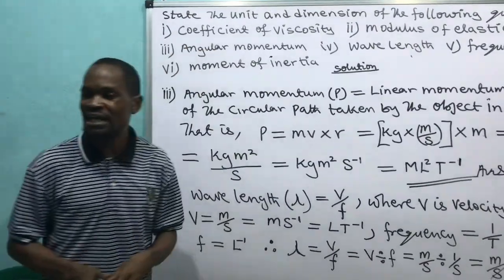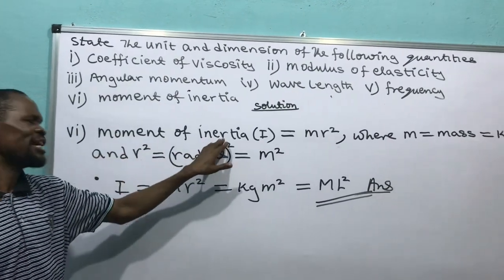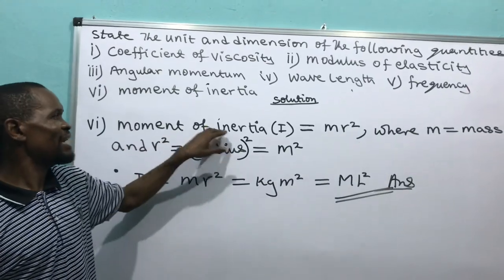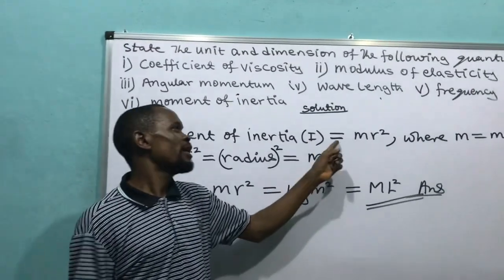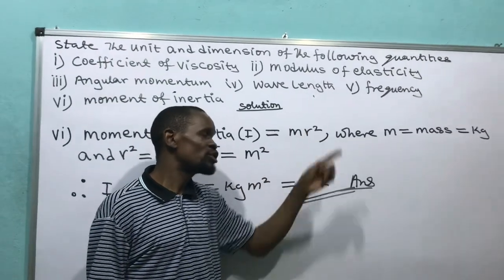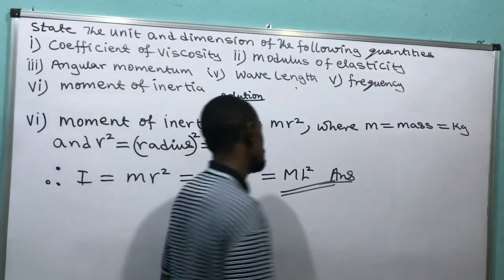Let's go to the last question, which is moment of inertia. What is moment of inertia? Moment of inertia, which you represent with capital I, equals mass times radius raised to power 2.